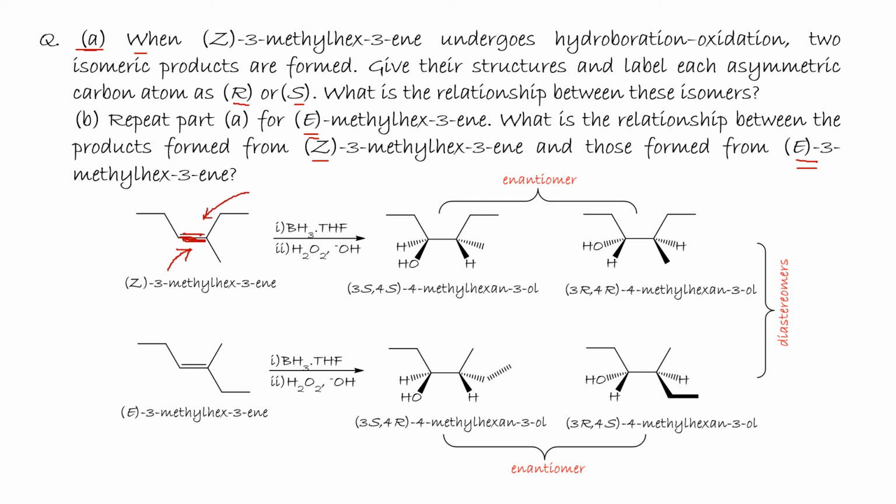In front, so after the treatment with boron followed by hydrogen peroxide, the OH will be in front, and hydrogen, since it is syn addition, or the hydrogen and OH will be in the back.